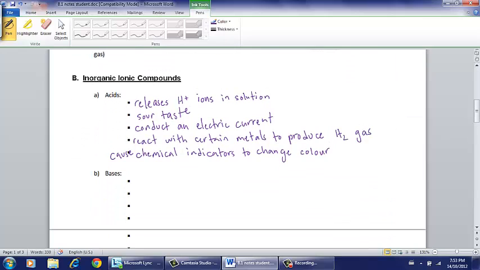Bases, on the other hand, don't release H plus ions, they release hydroxide ions. So release OH negative ions in solution. Bases are alkali.